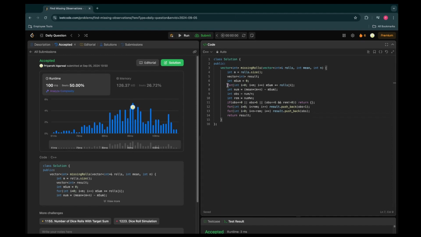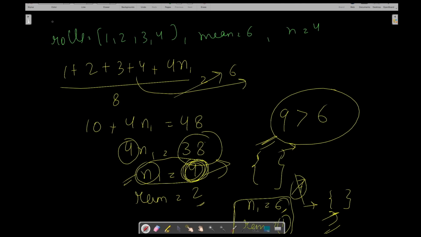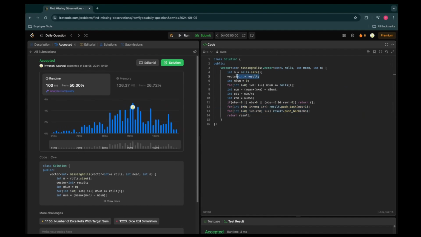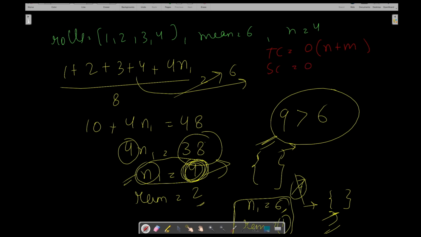As you can see, we have used one loop for doing the sum, and these loops which run a total of n times. So its time complexity will become big O of n plus m, and if we consider the space of this result vector, then its size will be n, so its space complexity will become big O of n, right?